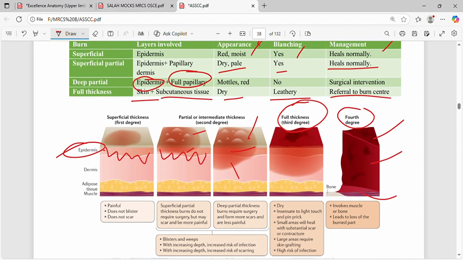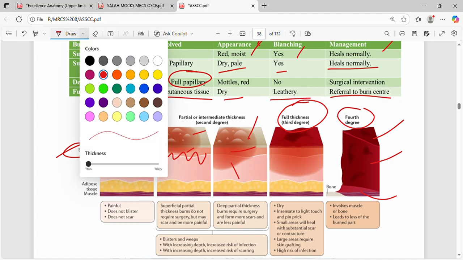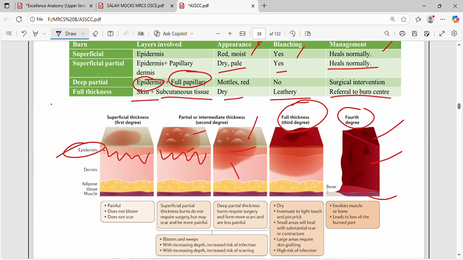According to degree, here we have the 1st degree, 2nd degree, 3rd degree, and this is the 4th degree.